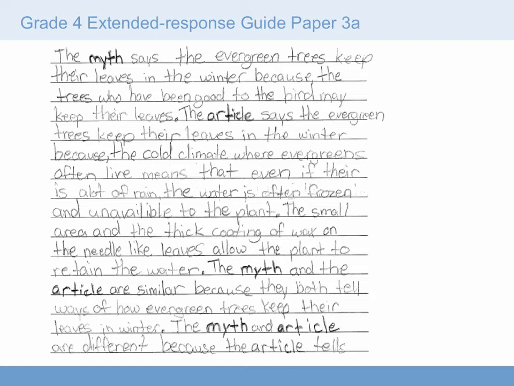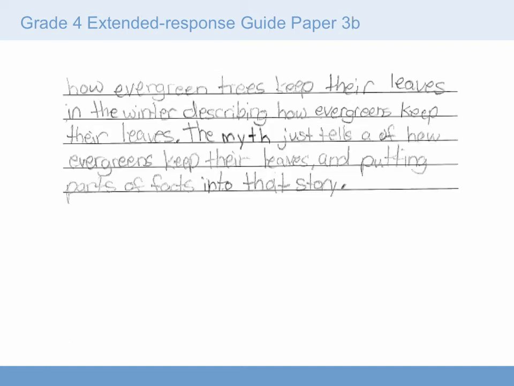The myth and the article are similar because both tell ways of how evergreen trees keep their leaves in winter. The myth and the article are different because the article tells how evergreen trees keep their leaves in the winter, describing how evergreens keep their leaves. The myth just tells of how evergreens keep their leaves and putting parts of facts into that story.